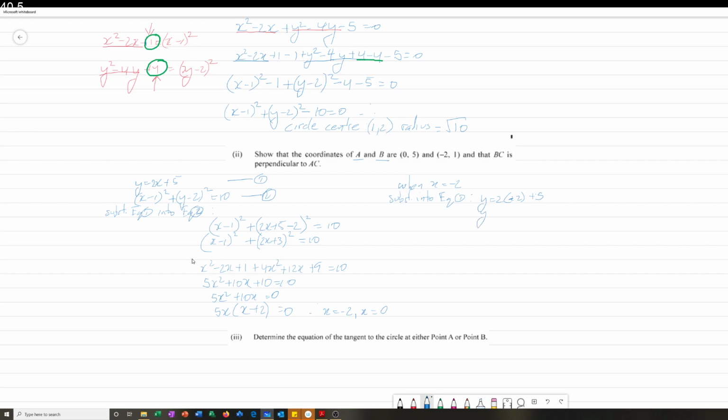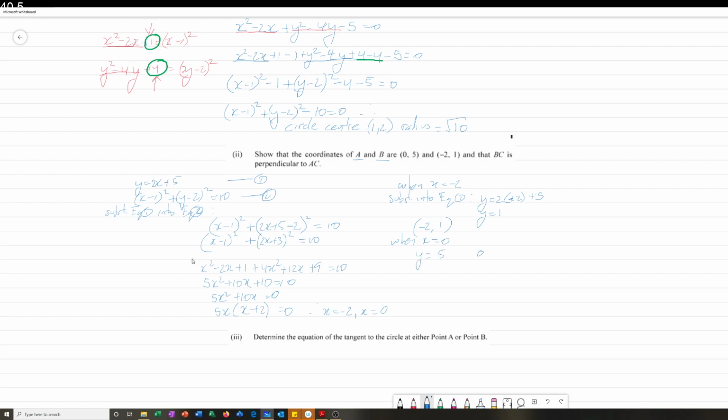So y is equal to 1. So when x is minus 2, y is 1. That's one of the points. And when x is equal to 0, well, this should be easy. y is equal to 5.